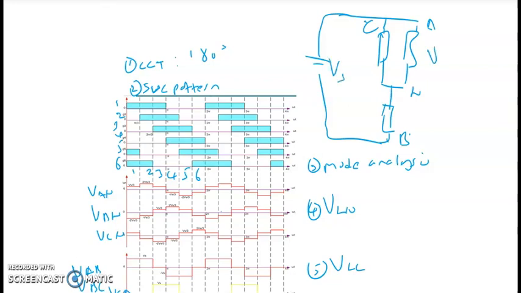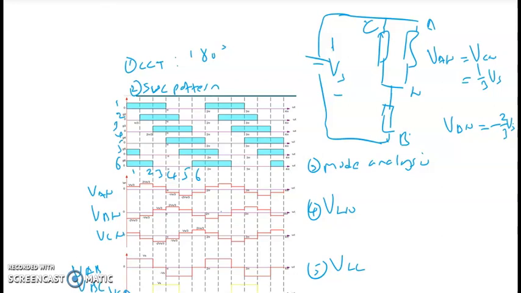So we have charted that VAN equals VCN equals 1/3 of the source voltage, and meanwhile VBN is negative, so negative 2/3 of the source voltage.